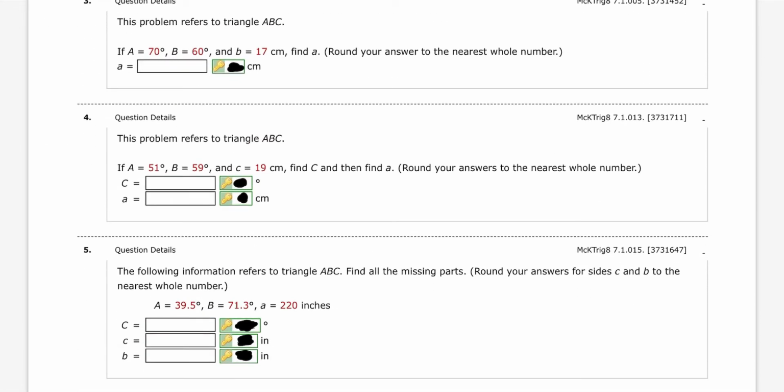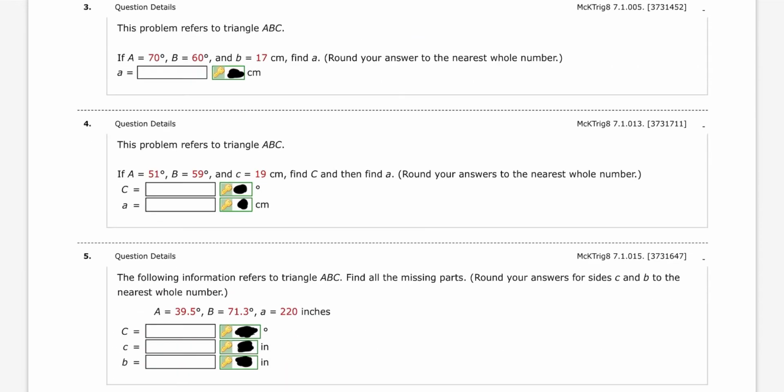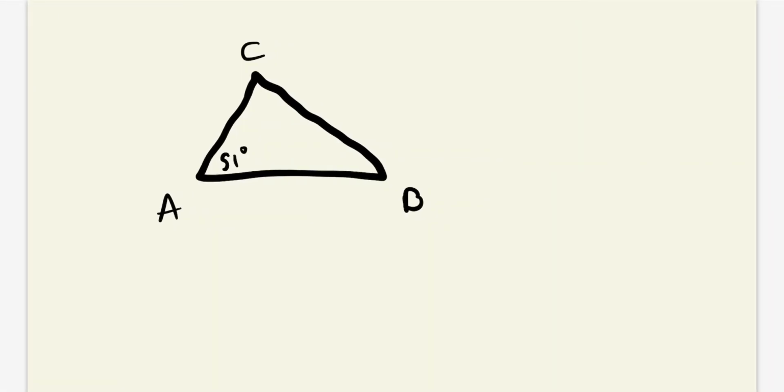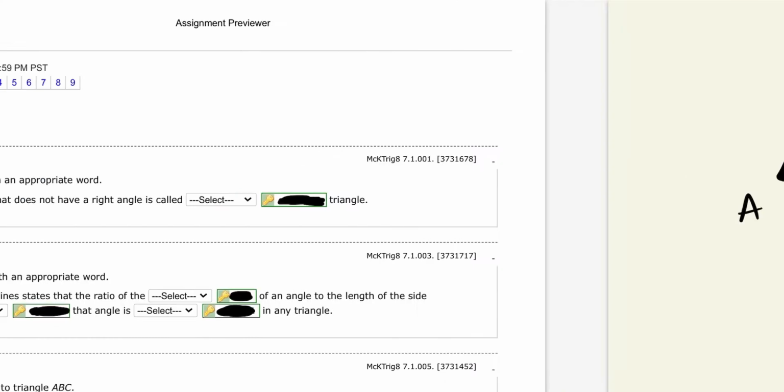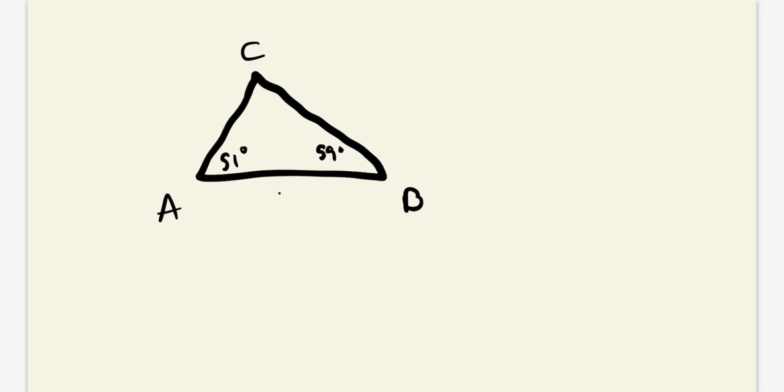Question 4 says we have a triangle ABC. A is 51 degrees, B is 59, and a side length of 19 goes across from C. We can find the missing angle by subtracting the sum of those two angles from 180.